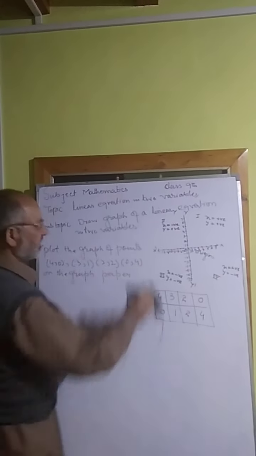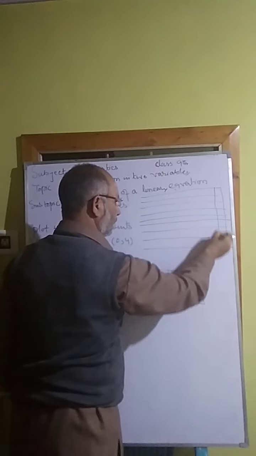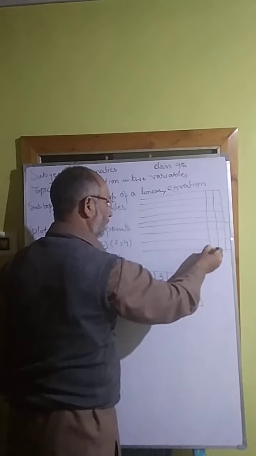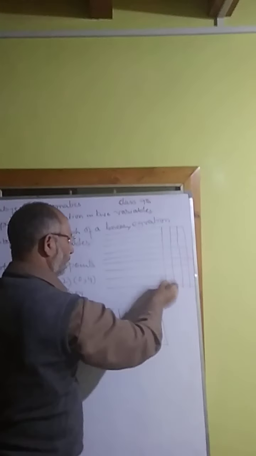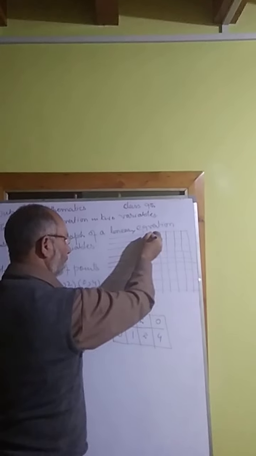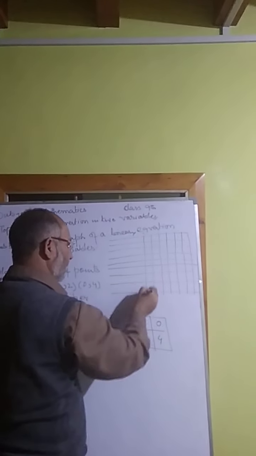Suppose this is our graph paper. These are called vertical lines.